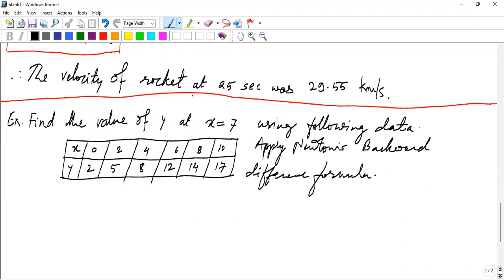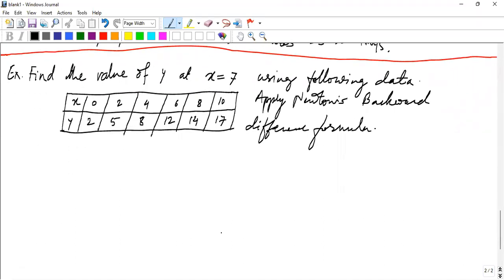Here we are asked to use the backward difference formula. The previous examples we solved using the forward difference formula. Now here we'll use the backward difference formula.